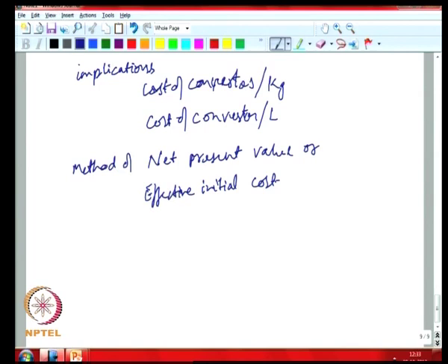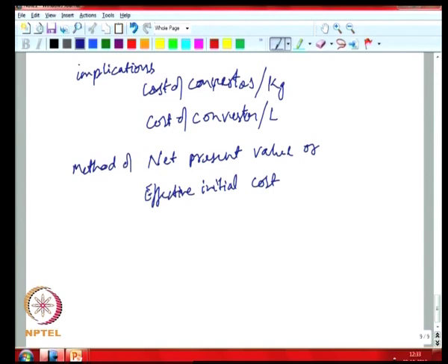When you are looking at a decision to make, take a particular approach, and we will look at a simple example of maybe purchasing a vehicle.